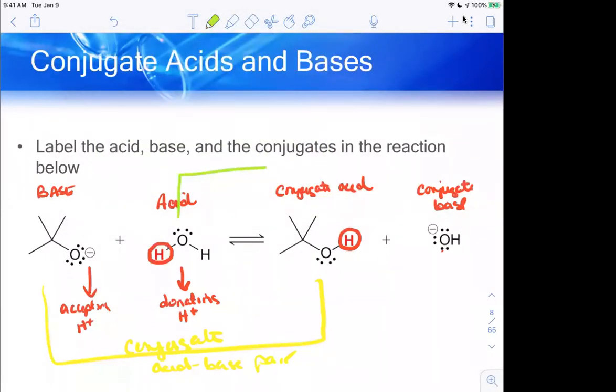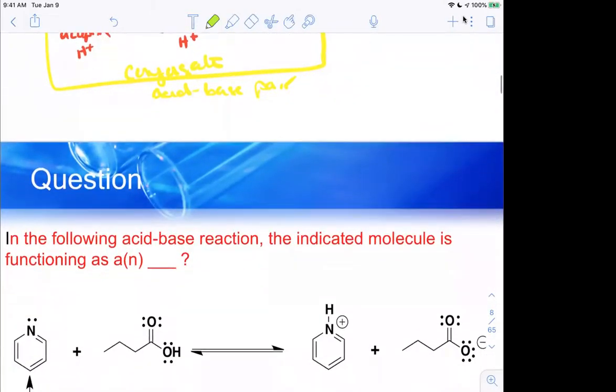So this and this are a conjugate acid-base pair. You have to know how to identify which is an acid and which is a base, which is the conjugate acid and which is the conjugate base. And you have to be able to identify the acid and conjugate base and the base and conjugate acid pairs. That's a skill you need to master in order to go forward in the class.